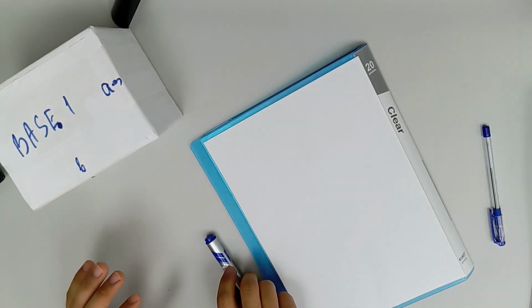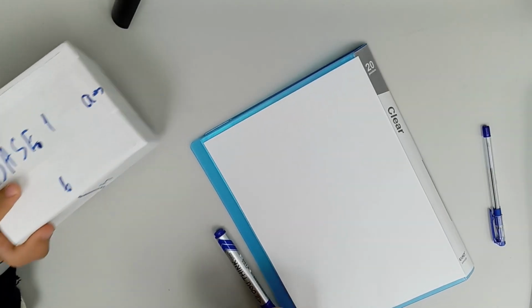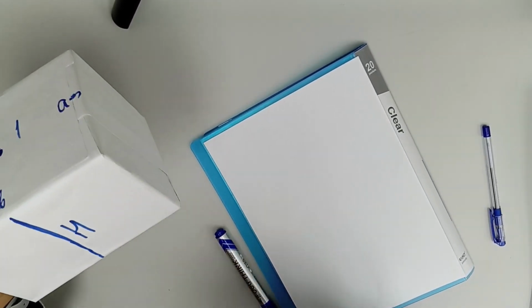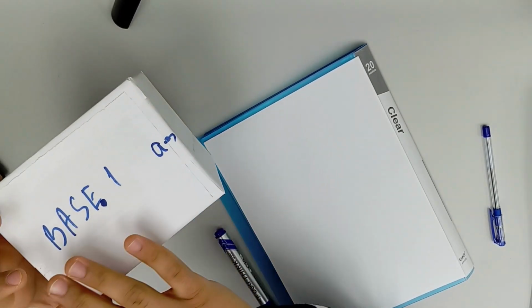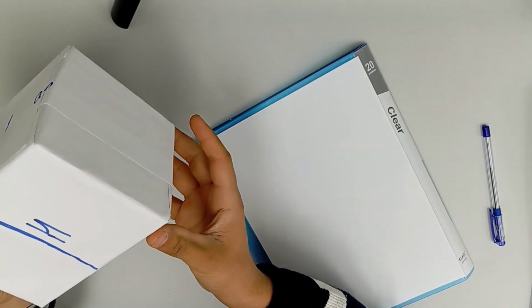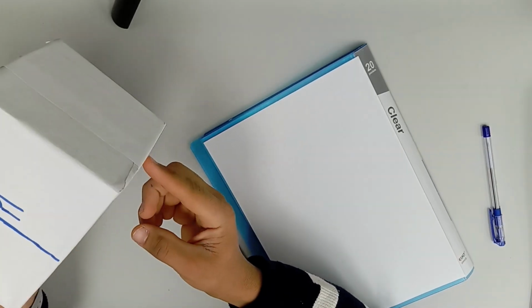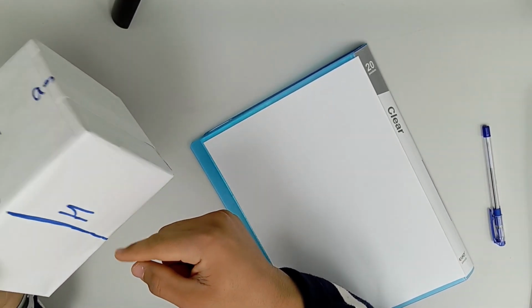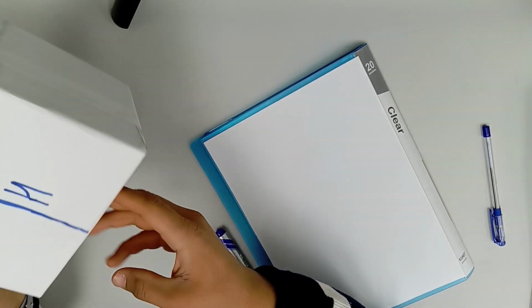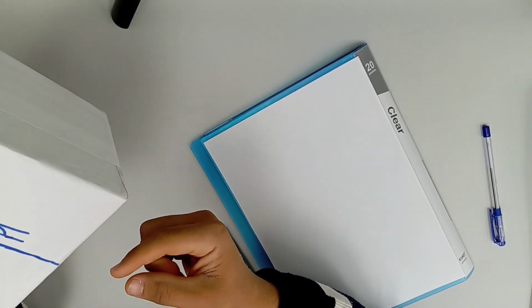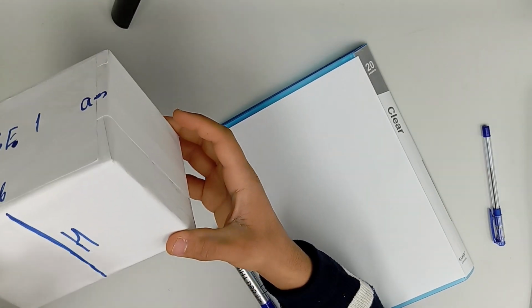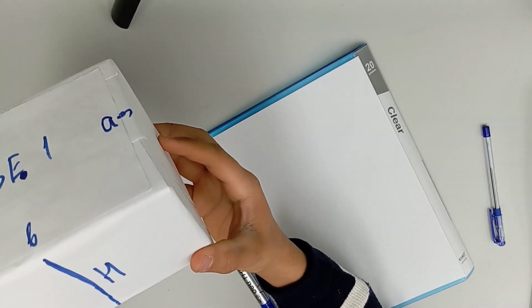To find the volume, we need only the surface area of the base and the h. The base here is rectangular. If you find the area of the rectangle and the height, the distance between the bases, you can calculate how much space exists inside this prism.